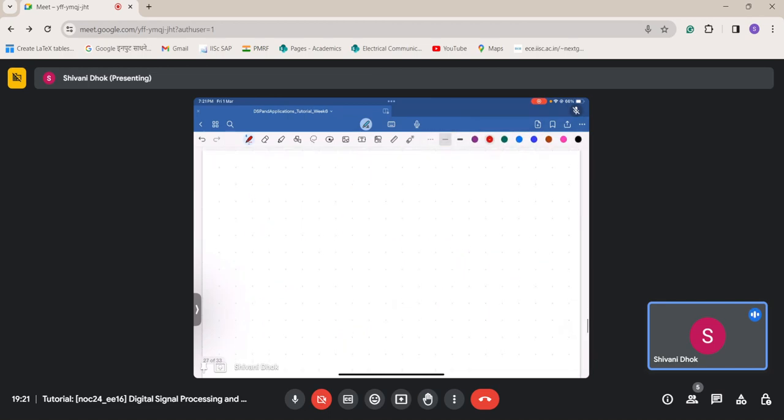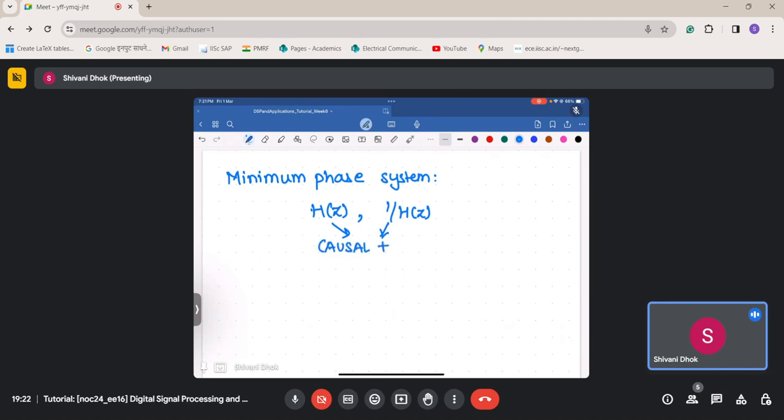Now what we are given is a definition of a minimum phase system. What it says is that H(z) and 1 upon H(z) should both lead to a system which is causal and stable. Okay, so now let us take an example here.